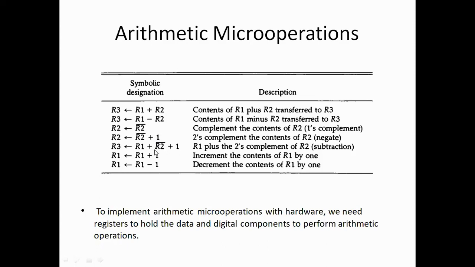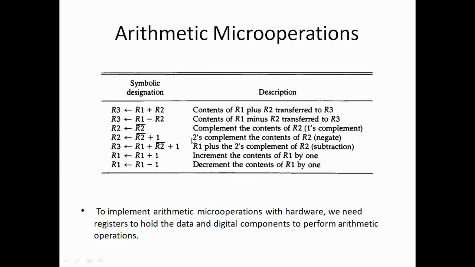So this is also an arithmetic operation, purely an addition operation with some inverting here. So the answer may be stored in R3. In this way, we can do the subtraction. There is also increment, that when we add 1 to some register contents, this will be an increment, and if we subtract 1, this will be a decrement operation.